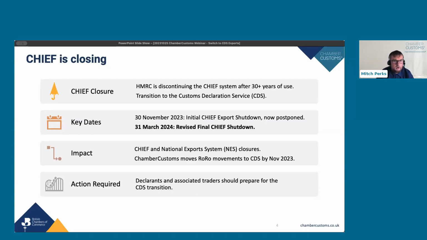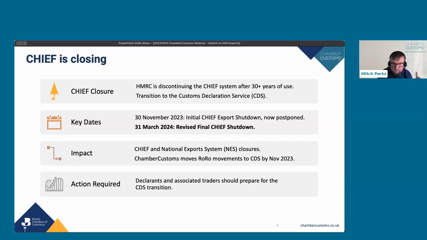So as time's gone on, the new system of CDS has been created and developed. The timeframes have moved slightly, or quite significantly, from when it was originally proposed to where we are now. In terms of the key dates, the initial move for exports was the 30th of November.